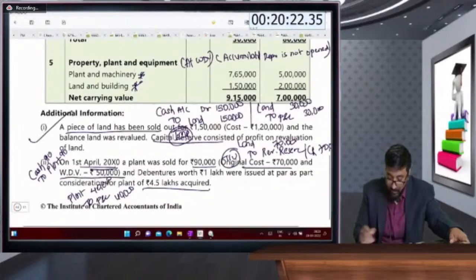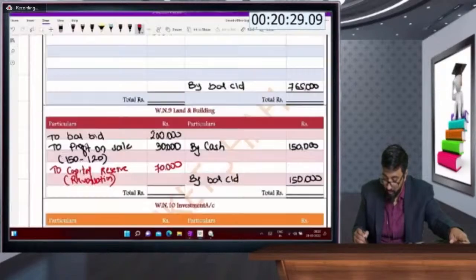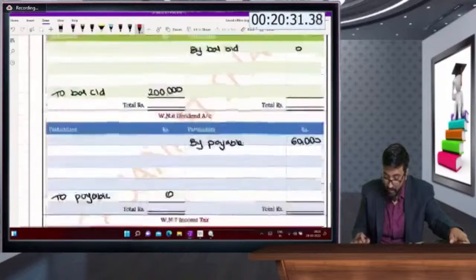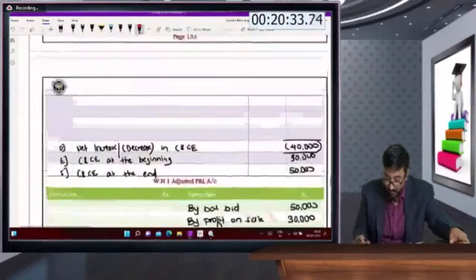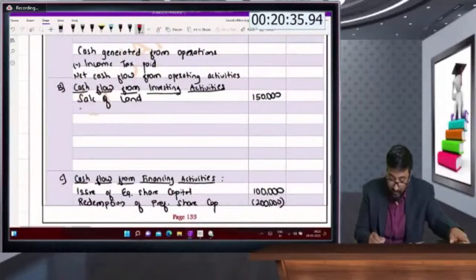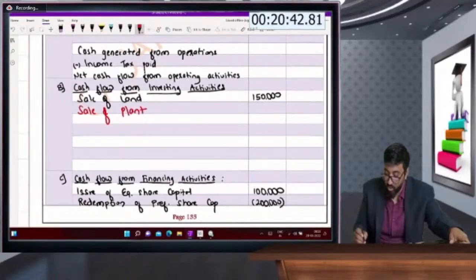Second adjustment, plant sold for 90,000, WDV 50,000. Cost is not important. So cash in debit means cash to plant. So investing activity, sale of plant, red pen only, because the original cost is also given, so might be a confusion. Sale of plant, how much? 90,000.